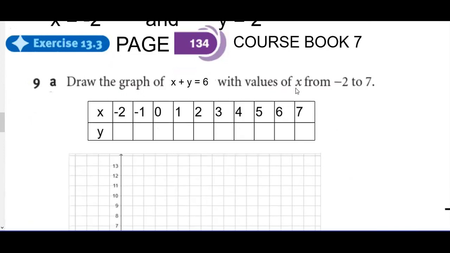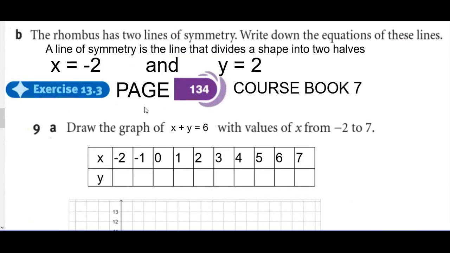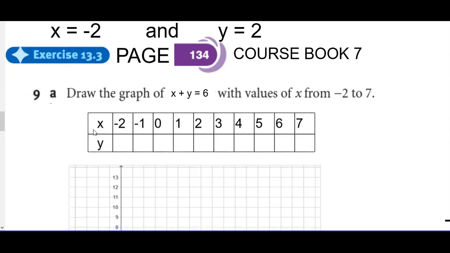This is a continuation of homework number 1. And this homework came from page 134, course book 7, exercise 13.3. The question was, draw the graph of x plus y equals 6 with values of x from -2 to 7.